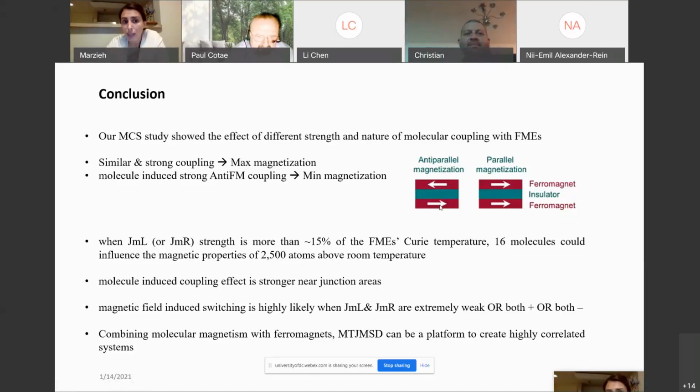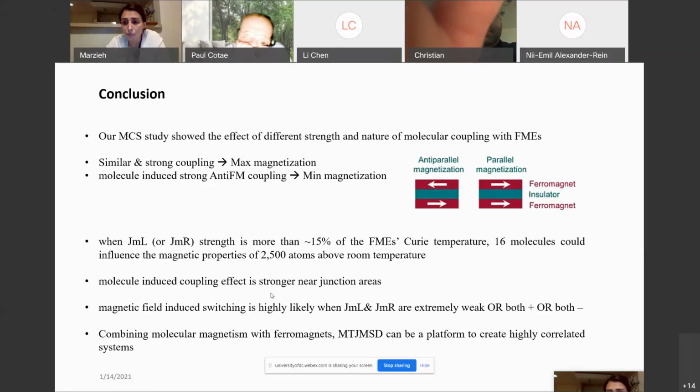Our study shows that when the strength of JML or JMR is about 15% of the ferromagnetic electrode's Curie temperature, only the 16 molecules used in this simulation can affect the total device behavior, which is composed of 2,500 atoms, above room temperature. The molecule-induced coupling effect is stronger near the junction areas.